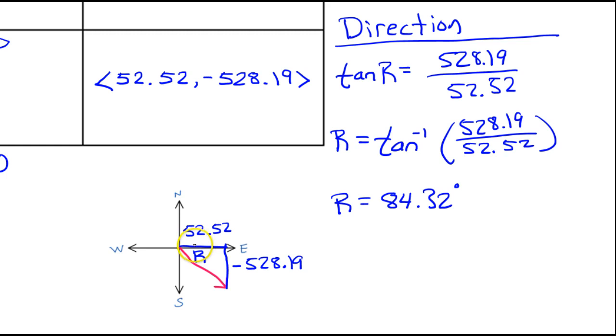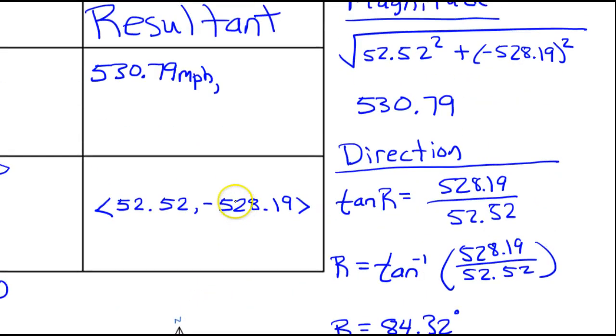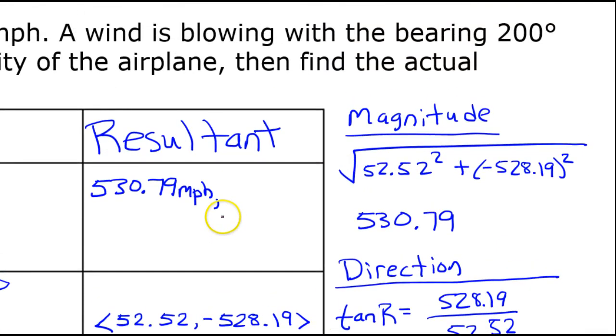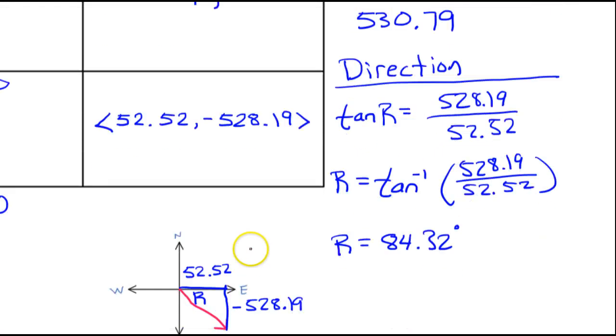The actual angle, well, actually, hold on a second. I have to be careful with direction because I want to give the direction using the same format that was given to me in the original problem. So the directions were all given as bearings. So when I record my final answer, I want to record my direction as a bearing.